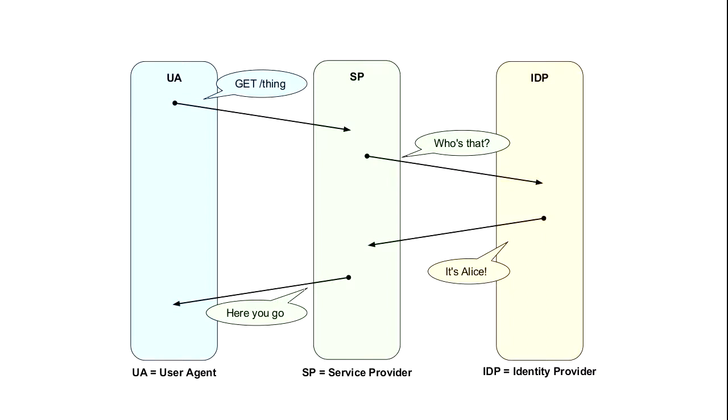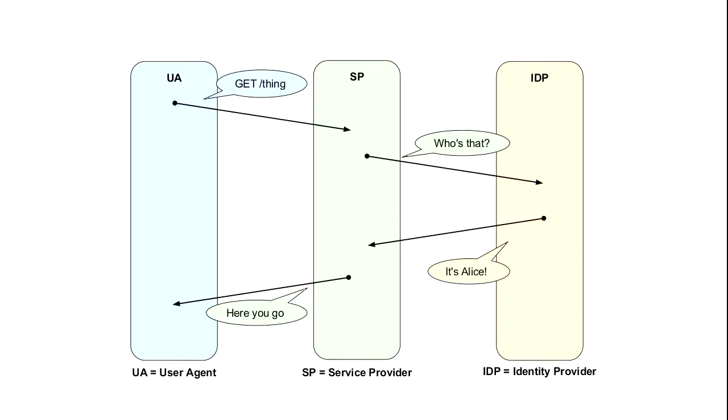Out on the internet, that might be login with Facebook, a social login provider. Within an enterprise, it might be an LDAP server or a corporate identity management system like FreeIPA or Active Directory. So the service provider basically delegates to the identity provider, IDP is the abbreviation you'll see, and will ask the IDP, who's this? Who's trying to get the thing?